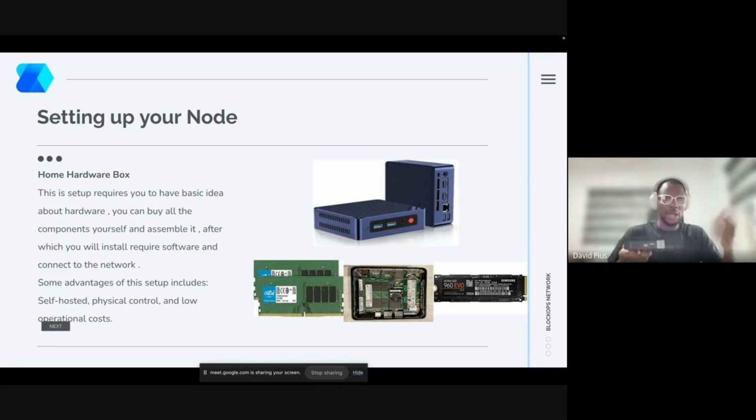You just get a computer and have all of these components, just like what we spoke about in the other slide, where you have the 2 terabytes, the RAM itself, the CPU, all in this box. It can be just like what I just showed, a computer, a desktop itself, a mini desktop. So you can have all of this and set these things up yourself. This is also another way of setting up your node.